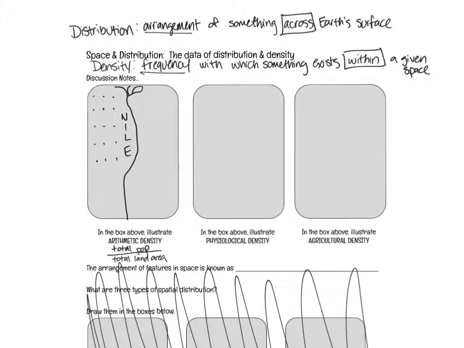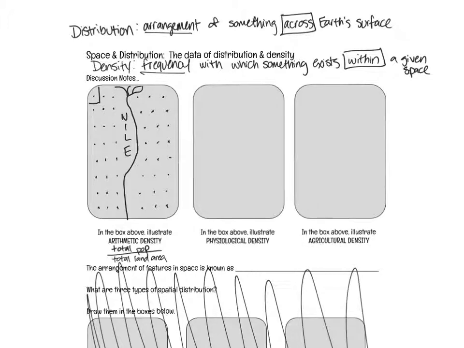So it's as if the people are going to be evenly distributed across the space, even though we know that is not necessarily the case all of the time. That's why I don't like arithmetic density, because it's not realistic. You're taking all of the people, dividing it by the total land area, and that's our arithmetic density.